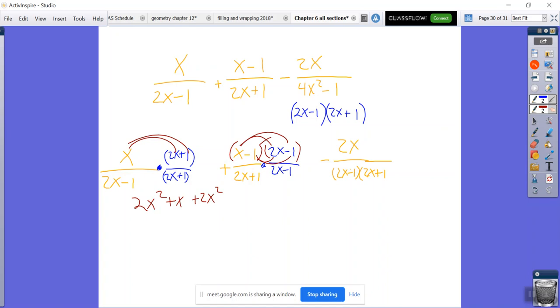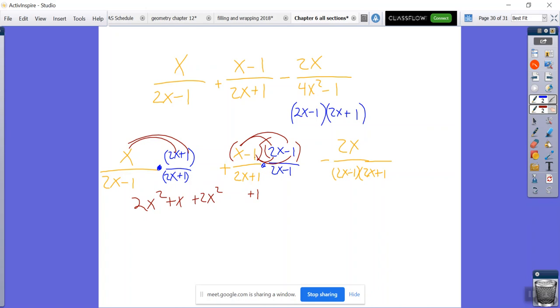And then we know what the last term is going to be. We know what the constant is going to be. So let's go ahead and do that one. So -1 times -1 is positive 1. All right, and so let's keep this one in our head. We have -1 times 2x, which is negative 2x.